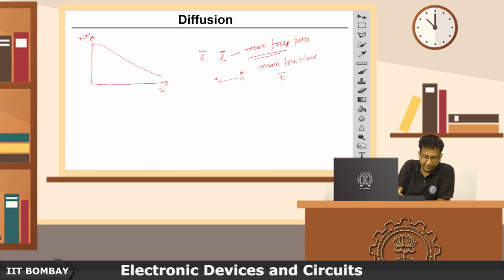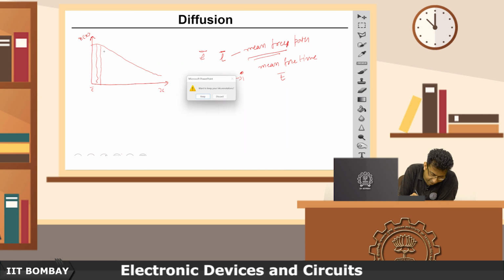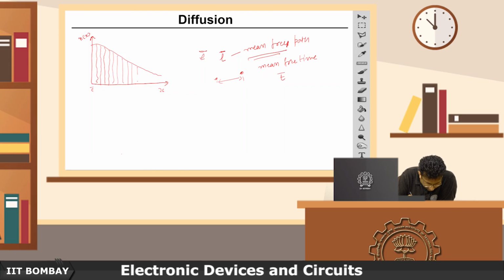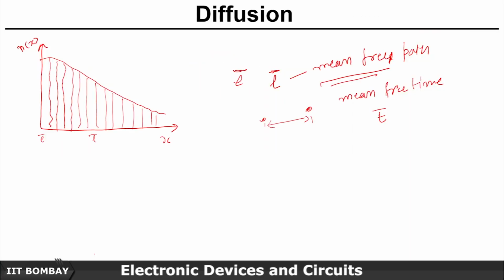If we divide this x-axis in terms of L bar, we get this L bar, then the second L bar. Of course, this L bar is fairly small. So we can divide the whole region into these small L bar regions, and let us pick any two adjacent ones. Let us call the first region region 1 and the second region 2.